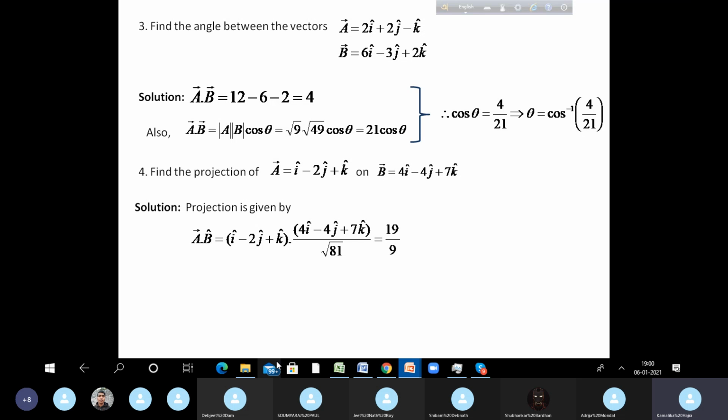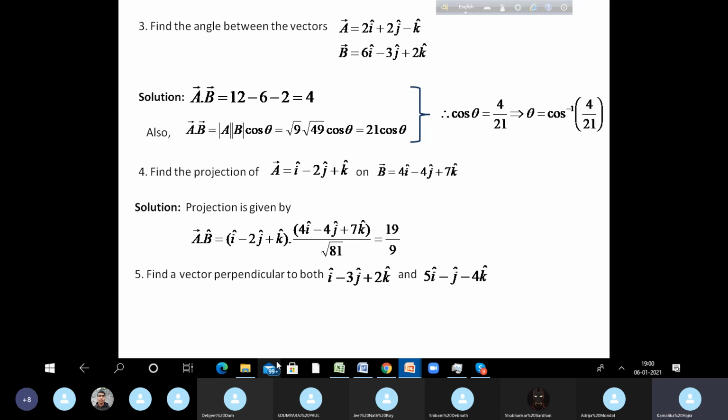Since you have been asked to take the projection of A on B, you take the unit vector along B and get a dot product with A. Rest of the calculation is very simple and the answer is 19 by 9.